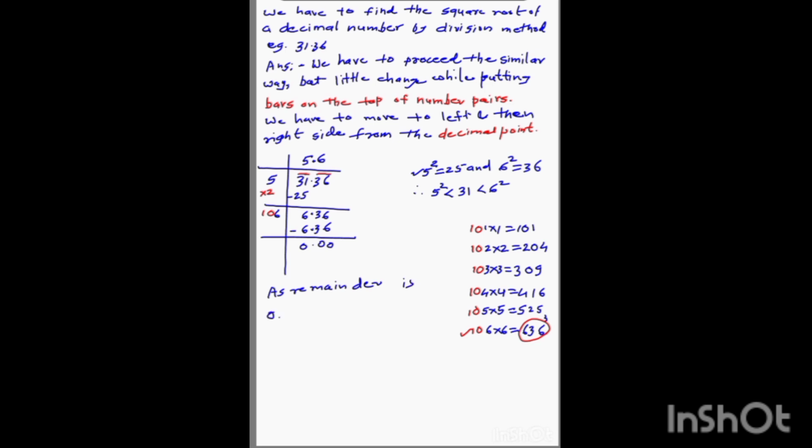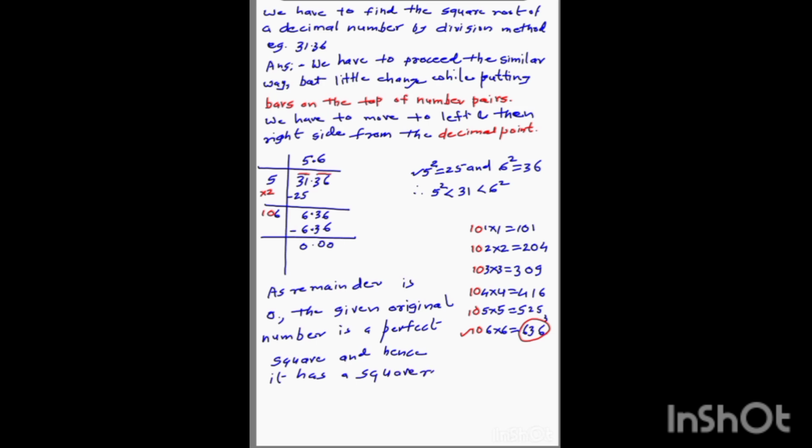So let us put it in a proper sentence: as the remainder is 0, the given original number, that is 31.36, is a perfect square, and therefore it has a square root.